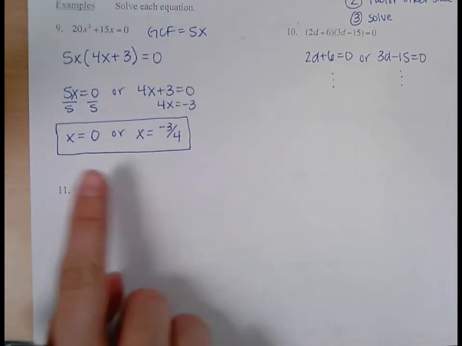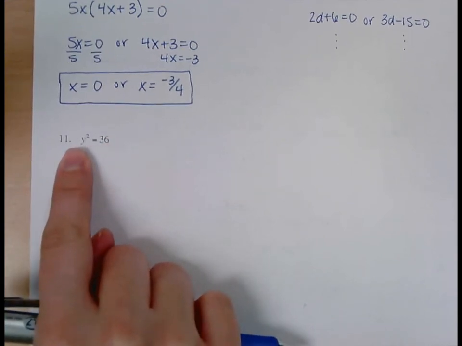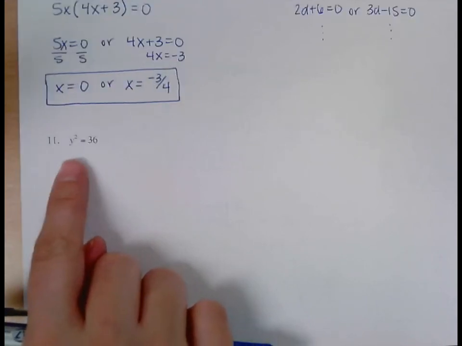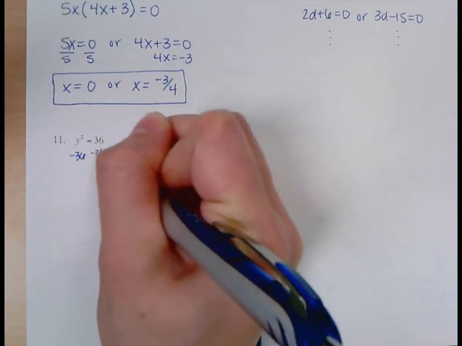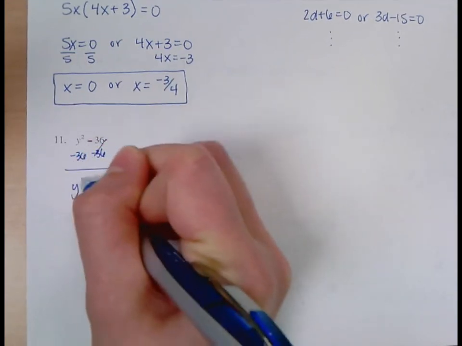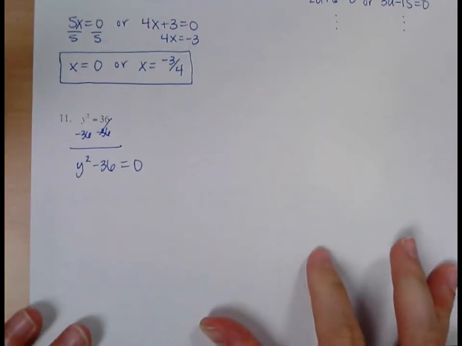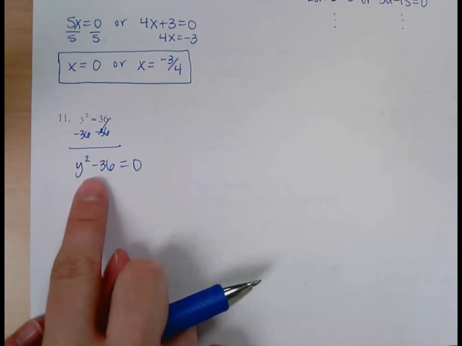For 11, you do not have 0 on one side yet. I would recommend you keep the term that has the variable squared positive. So to get one side to be 0, I would subtract the 36 from both sides. So y squared minus 36 equals 0. And now you have to factor the left side. How would you factor this side?